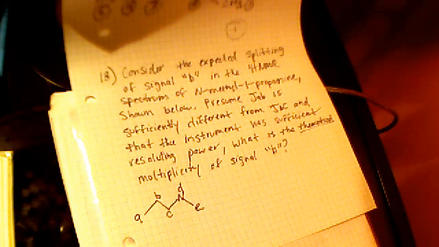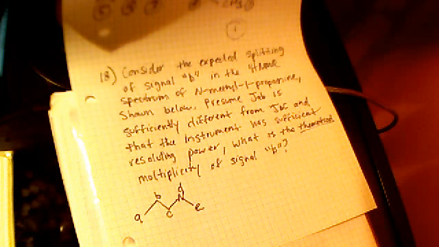Coupling constants are determined by measuring the separation in hertz between each peak of a signal. A typical vicinal coupling constant is 6 to 8 hertz. Coupling constants are also used when drawing splitting tree diagrams.